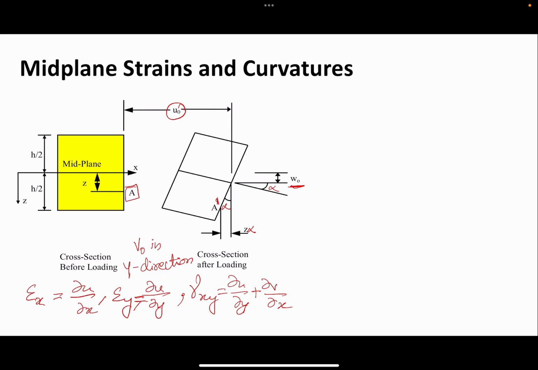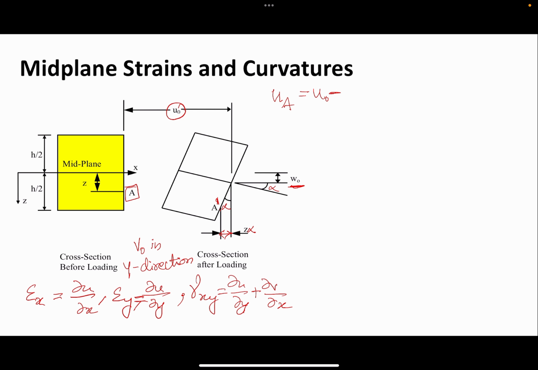So now we are going to find these strains as well. For example, let's start with uA. How much has A moved in the x direction? The mid plane has moved u naught, but A has not moved that much. It is actually u naught minus something. How much is it minus? It is minus this distance.